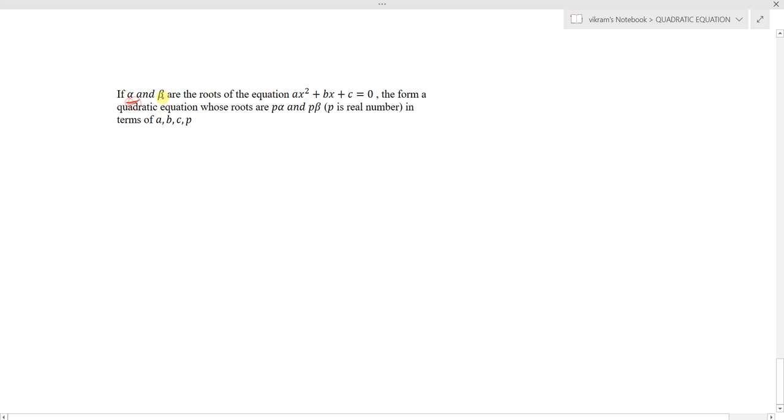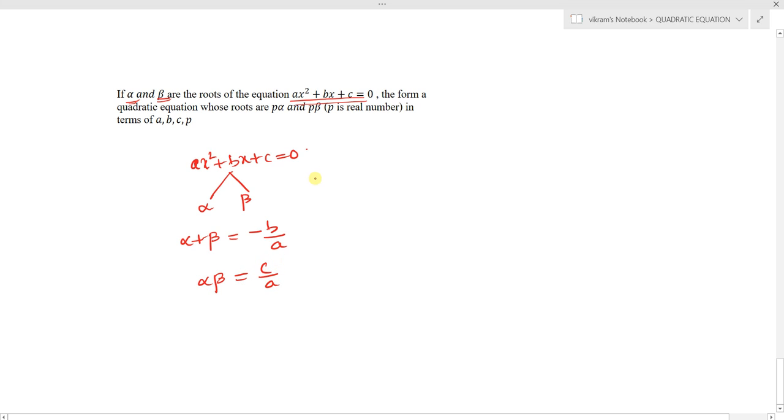If alpha and beta are the roots of the equation ax square plus bx plus c equals to 0, whenever you read this sentence, directly write it as ax square plus bx plus c equals to 0. Alpha and beta are the two roots of this. Then we can write alpha plus beta equals to minus b by a, alpha beta equals to c by a.